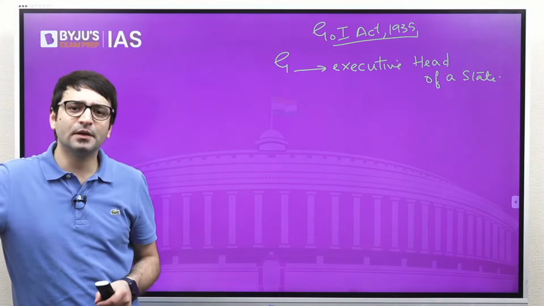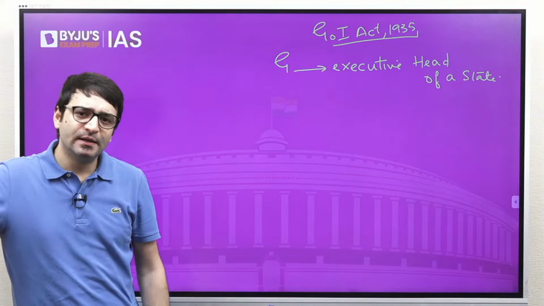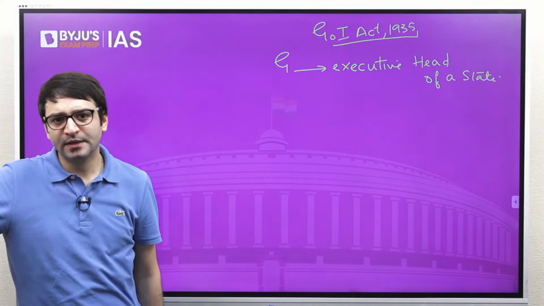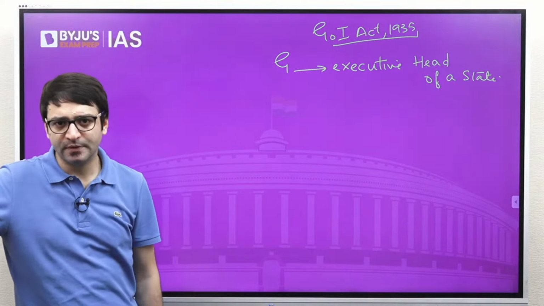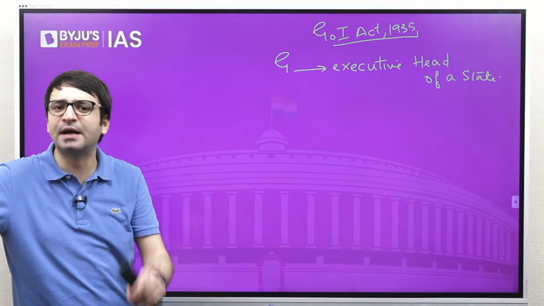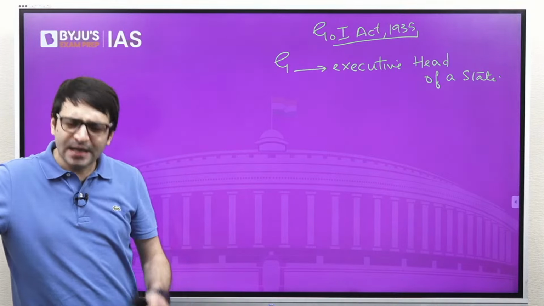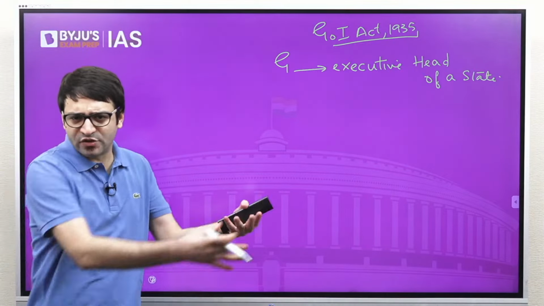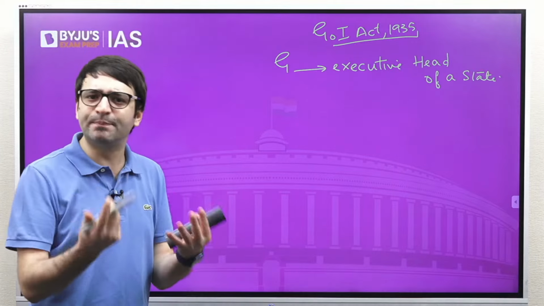Reason number one, the Constituent Assembly said that there is a dearth of competent legislators in India. That is why we need the office of governor. At the same time, the Constituent Assembly continued with the office of the governor on the grounds that a certain element of centralization is necessary, because we had just come out of partition and wanted to keep the country united.